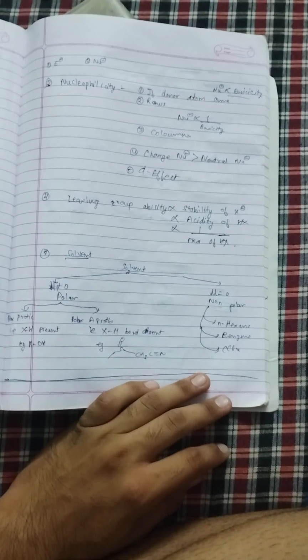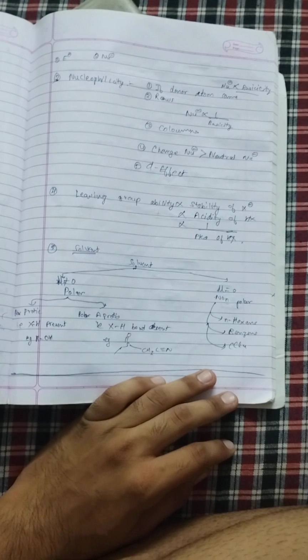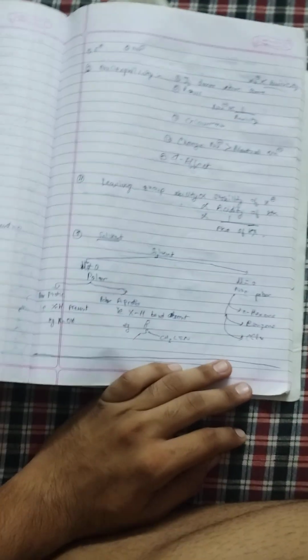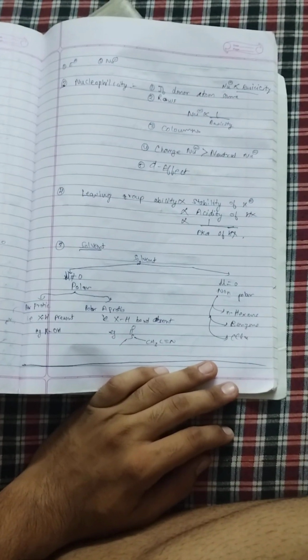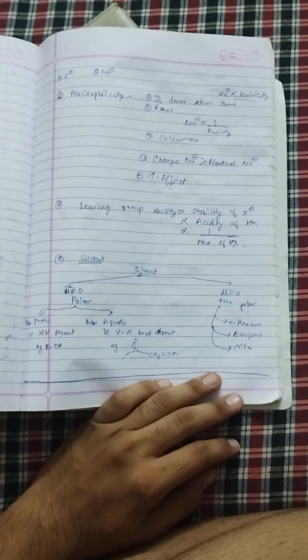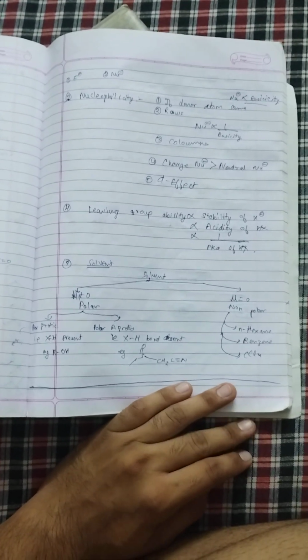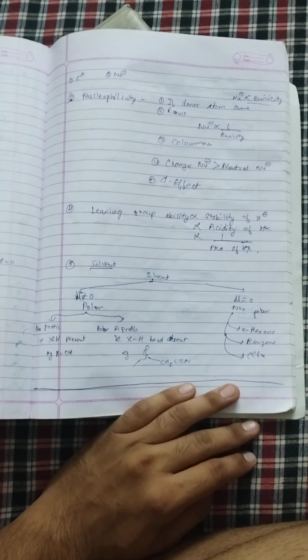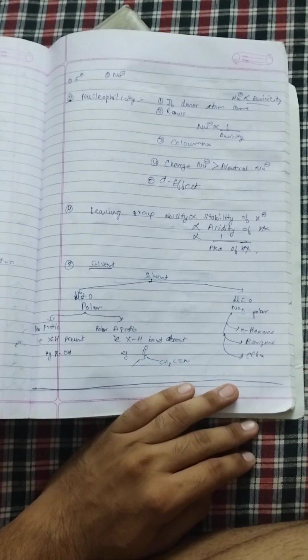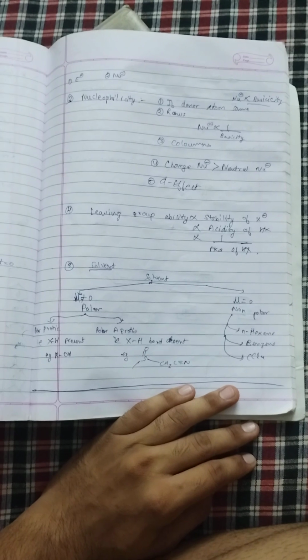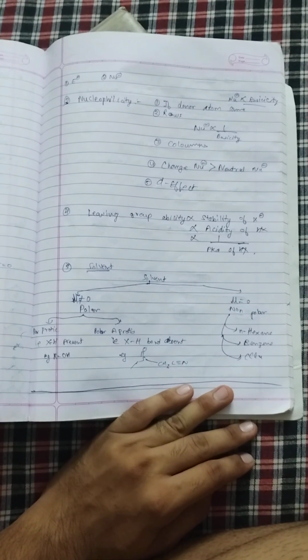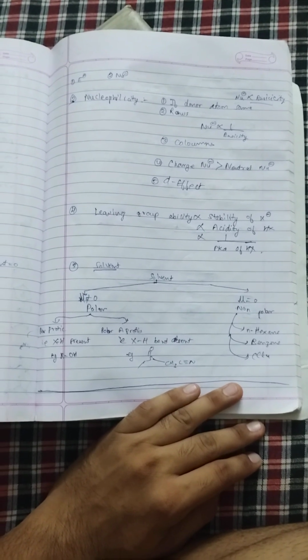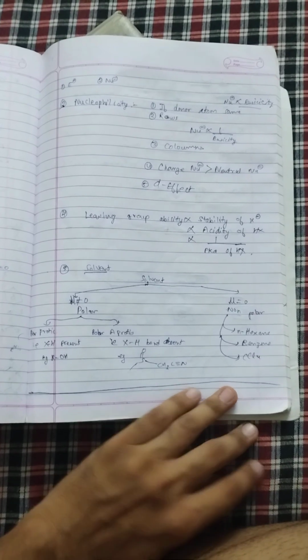And in the last lecture we covered solvents, which can be polar and non-polar, and in polar they can be protic or aprotic. In protic, an XH bond is present, like ROH. In aprotic, the XH bond is absent. Mu equal to 0 means non-polar, mu not equal to 0 means polar.